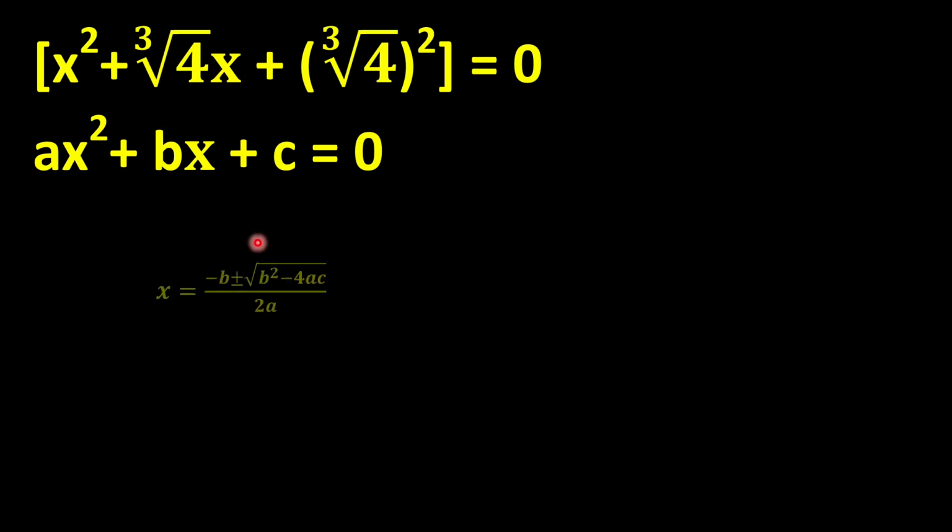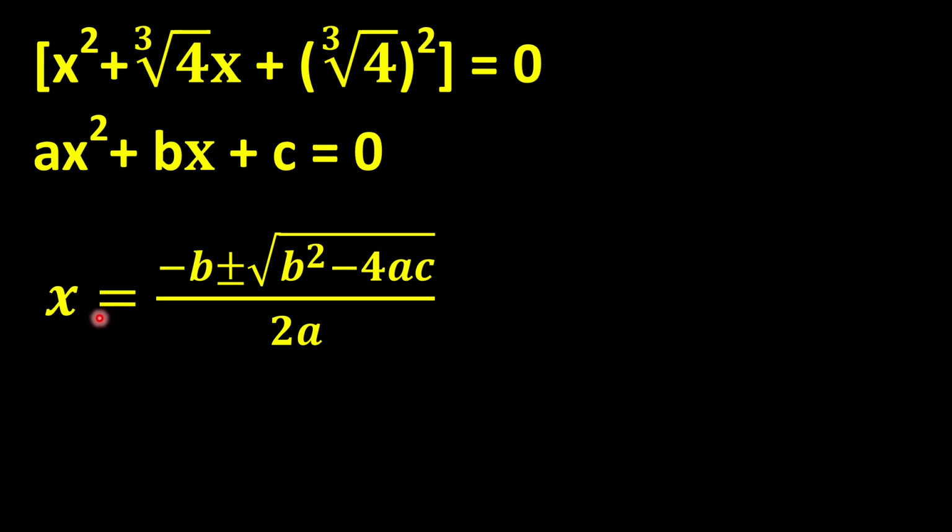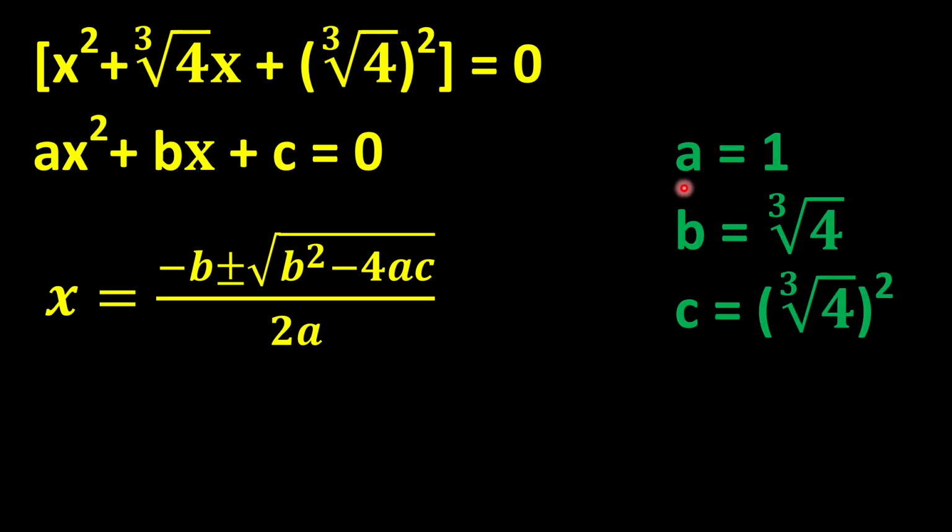According to the quadratic formula, x equals minus b plus minus under root b square minus 4ac divided by 2a. So if we compare this with this equation, a equal to 1, b equal to cube root of 4 and c equal to (cube root of 4) square.